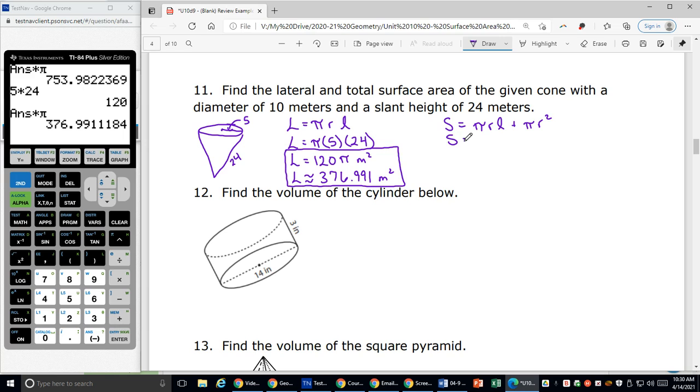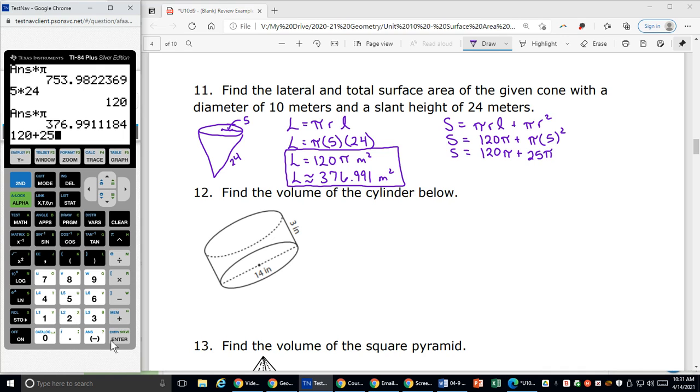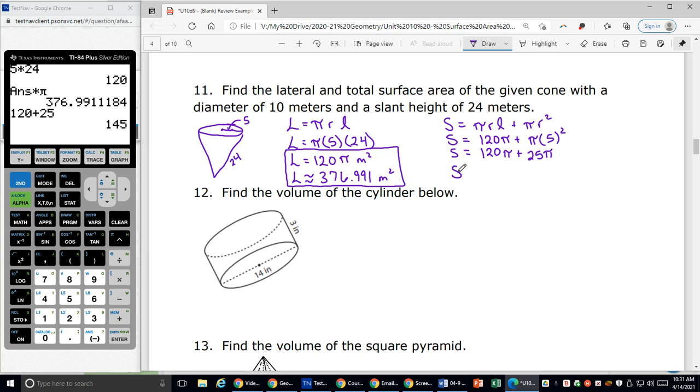When I do my total surface area, I already know pi RL is 120 pi, plus pi R squared, my radius is 5. So my total surface area is going to be 120 pi plus 5 squared is 25 pi. When I add 120 plus 25, I get 145 pi, and this is meters squared.